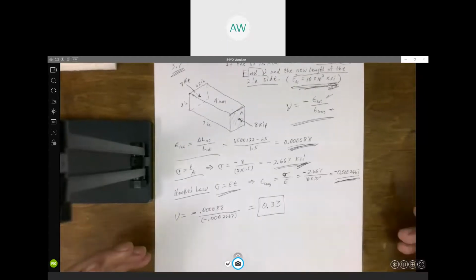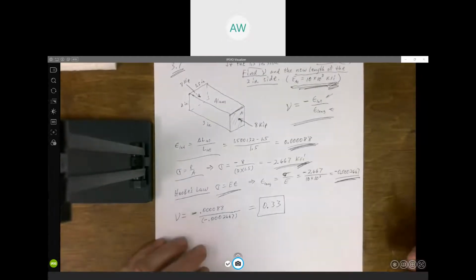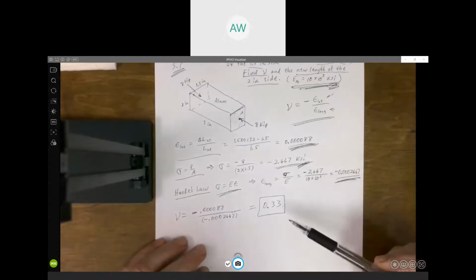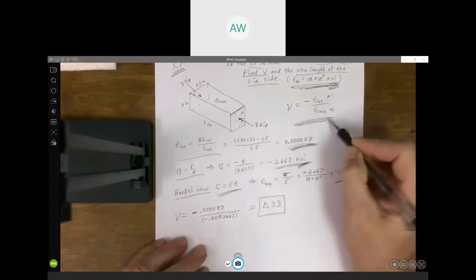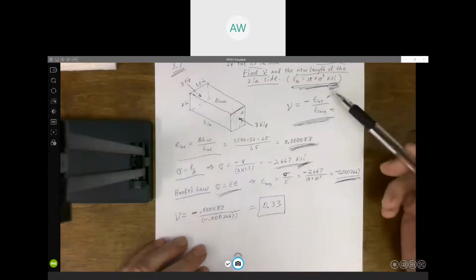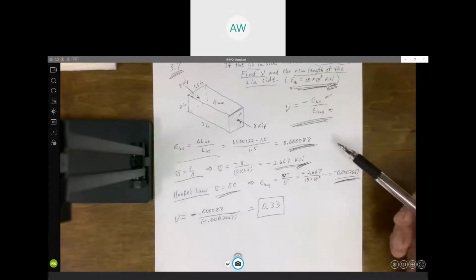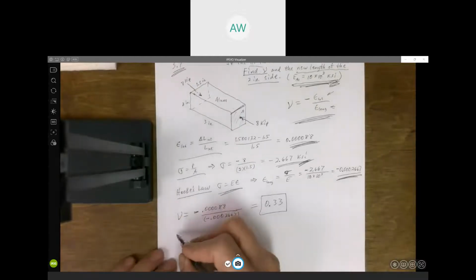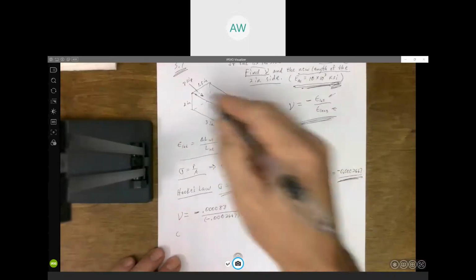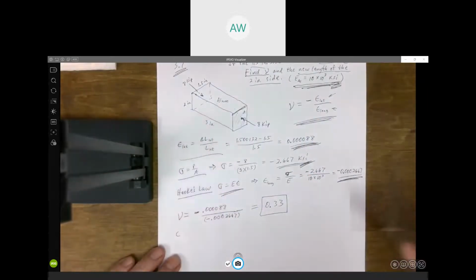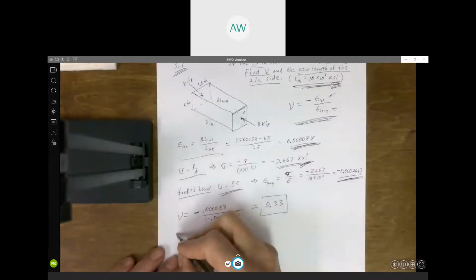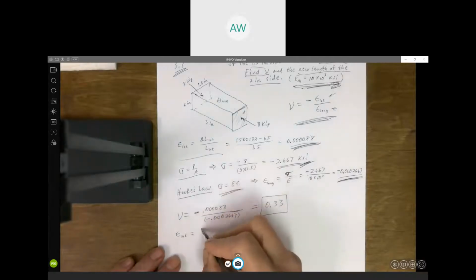All right, so we got Poisson's ratio, and we know from the definition of Poisson's ratio that it's a ratio of lateral strain to longitudinal strain. We also know that, assuming this bar is, we're not told otherwise, all aluminum. This was one of our other discussions yesterday.